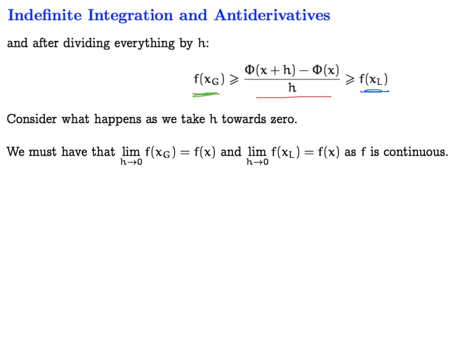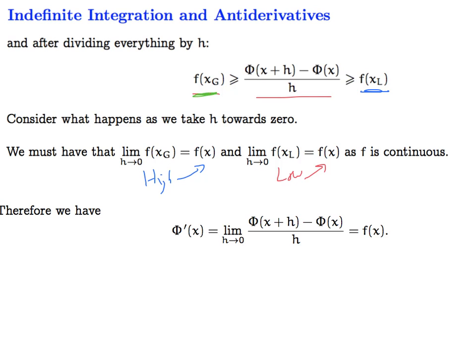As h approaches 0, the high value on my interval must get closer to f of x, because we're squeezing it in. And the lowest value on the interval must also get closer to f of x because it's continuous. The high and the low point both have to slide towards the value f of x, which means I've trapped my limit in between.